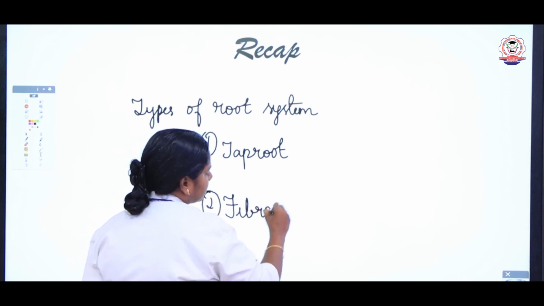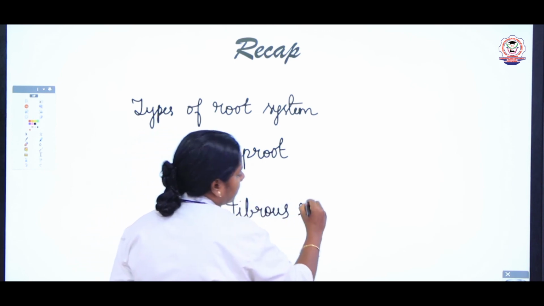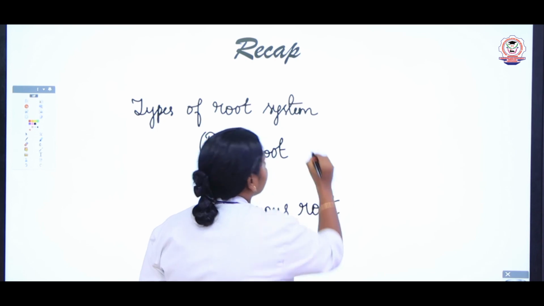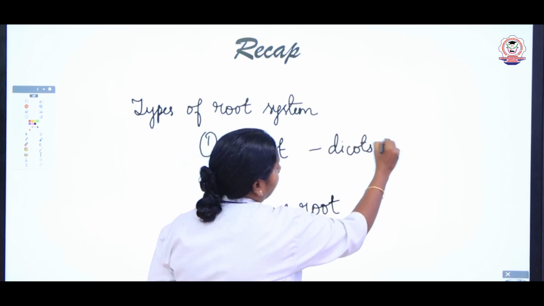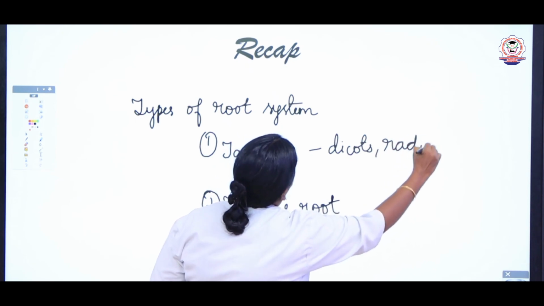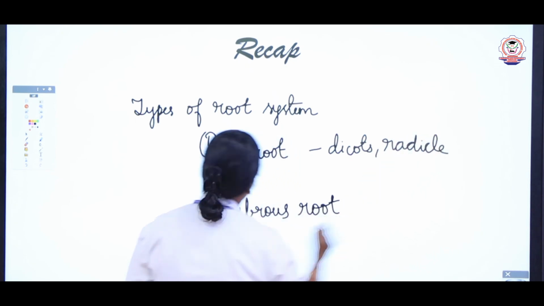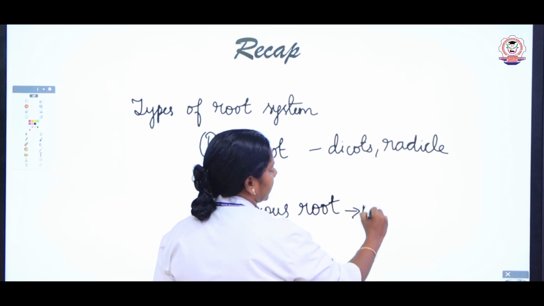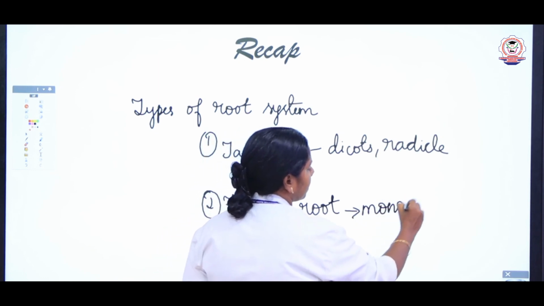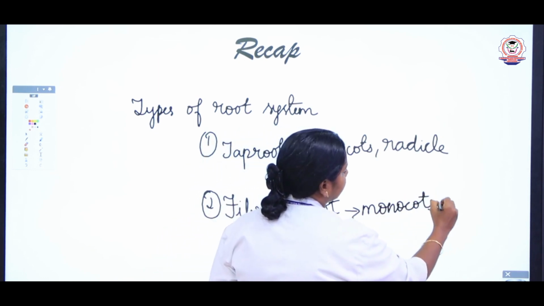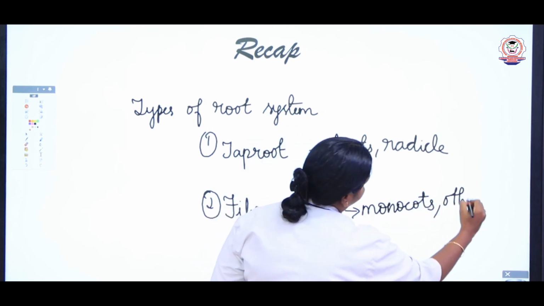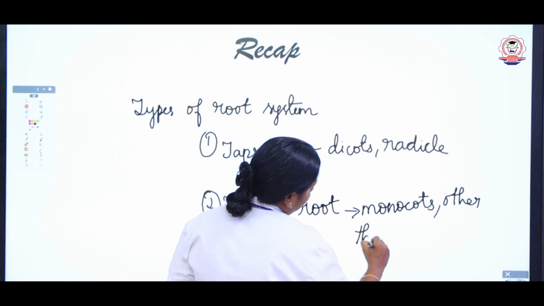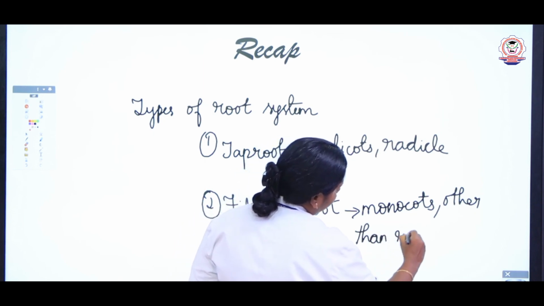The taproot system is seen only in the dicots and arises directly from the radicle. The fibrous roots are the characteristic feature of monocots and arise from the parts other than the radicle.